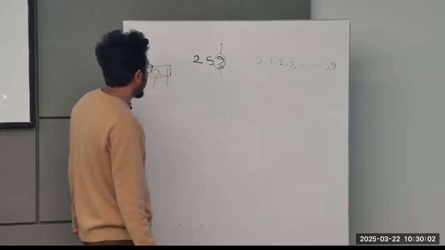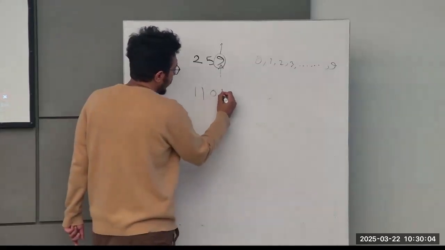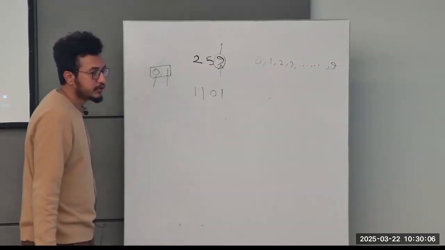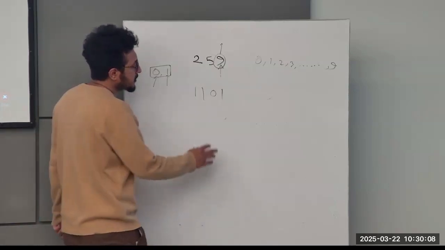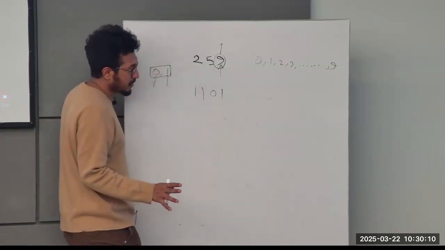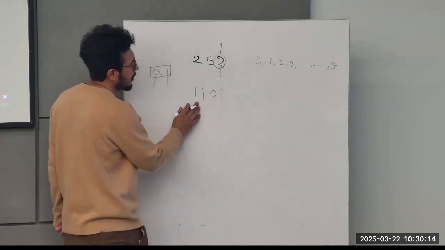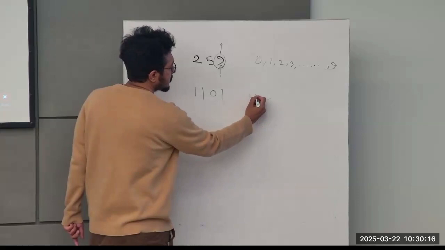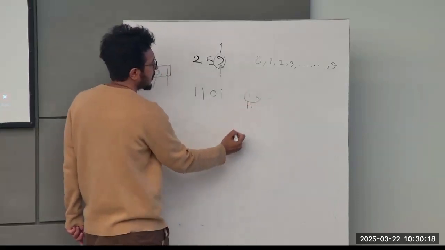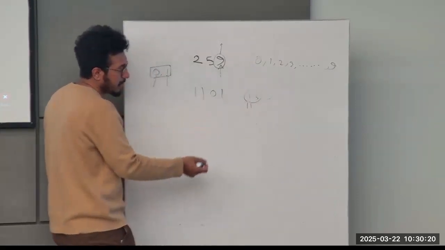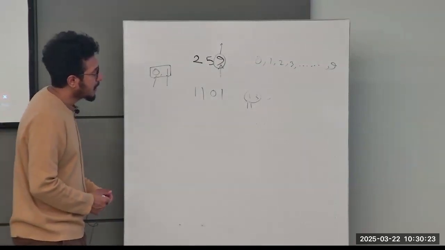So let's say 1101. This is a number a computer can recognize. And I am not saying it is 1101 in decimal. No, it is not. Actually, it is 13 in decimal. But we will go ahead and see how this is 13.